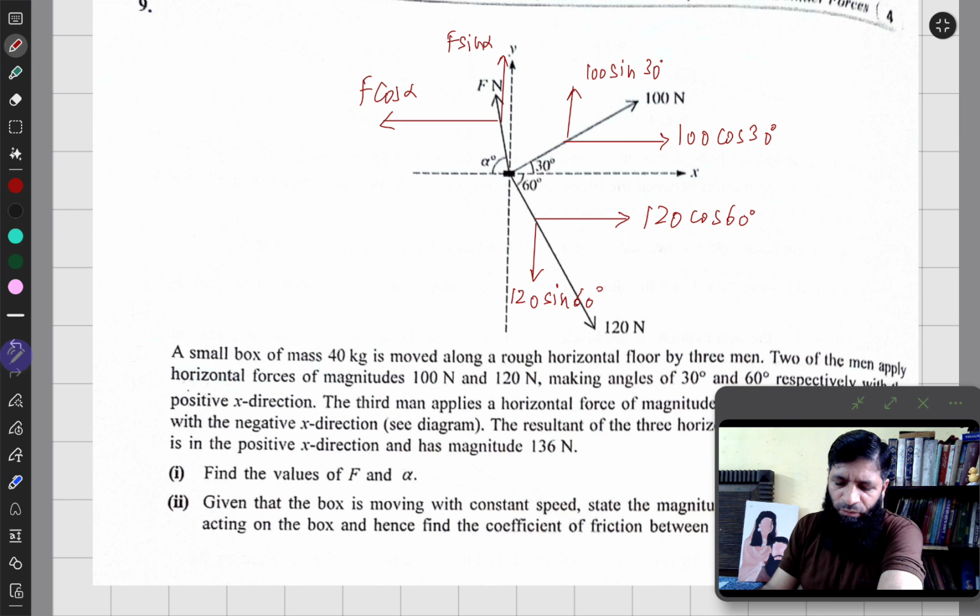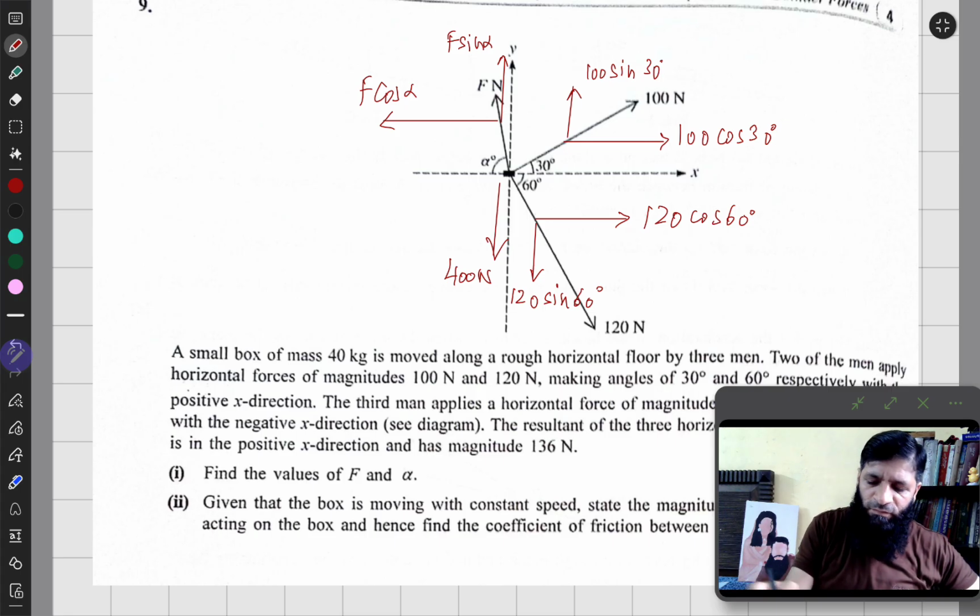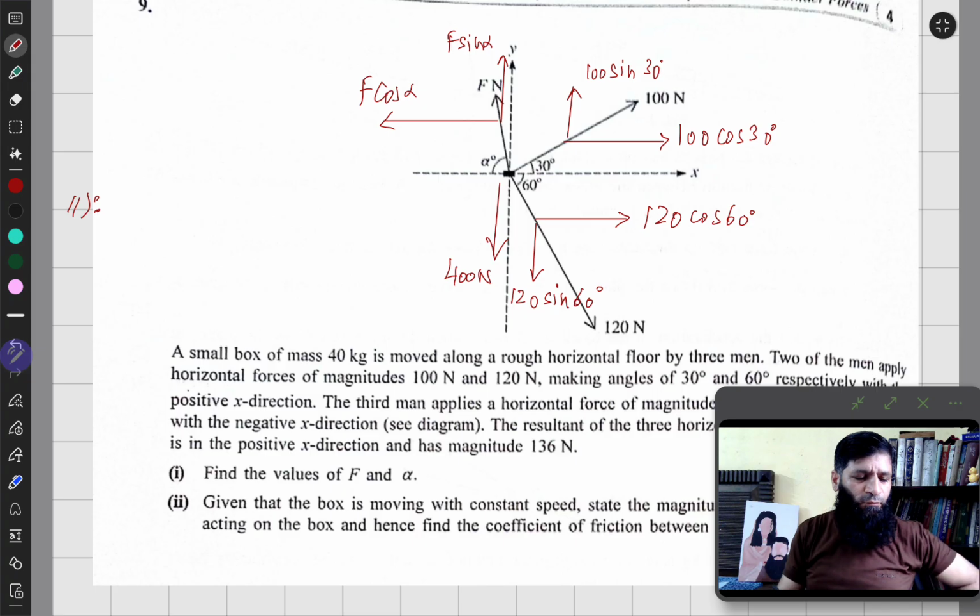Plus, you can see that the box has mass 40 kg, so its weight will be 400 newtons, which will be downward. So let's make an equation for the horizontal forces. This will be the equation for parallel or horizontal forces.